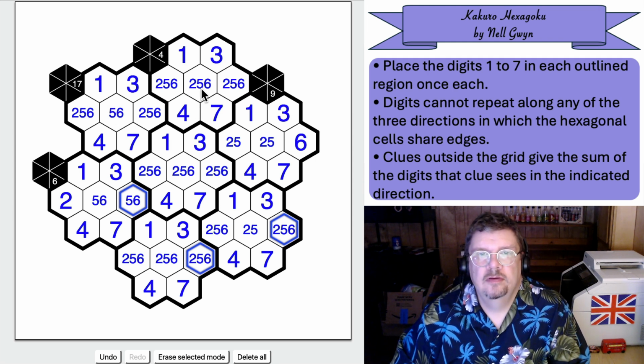If this is 6, that's 2, 5, so that's 6. Which makes that 2, 5, so that's 6. Makes that 5. If that's 6, so that would be 2, that would be 6. That would make that 6. That would make that 6.